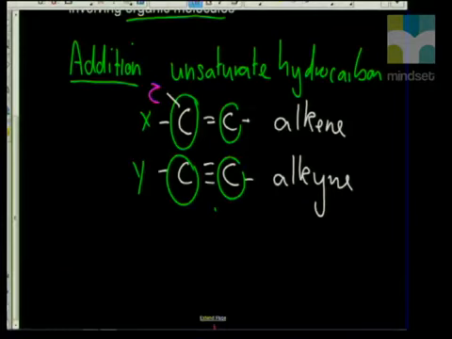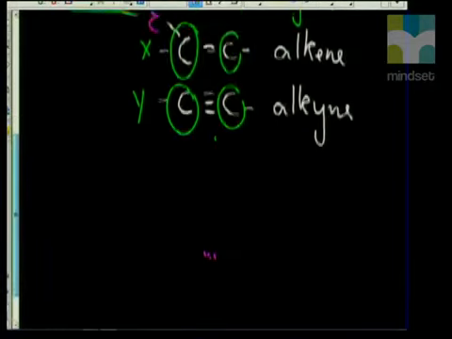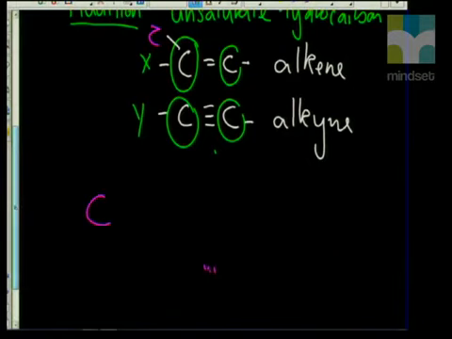And what happens is we take something that's an oxidizing agent, typically something like a halogen, and I'm just going to use the example of ethene.